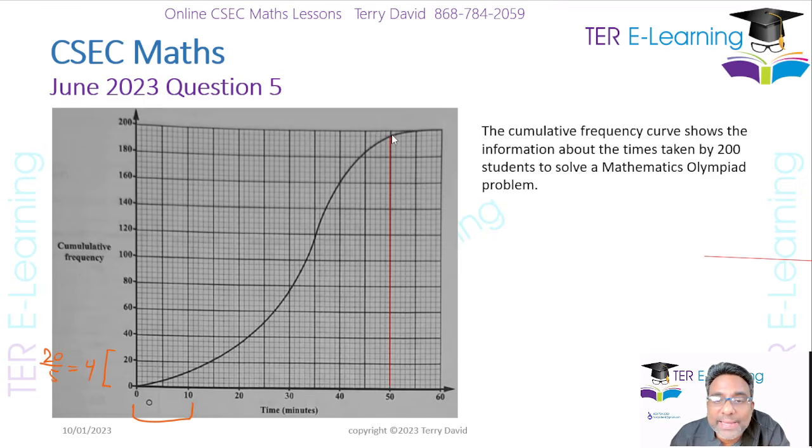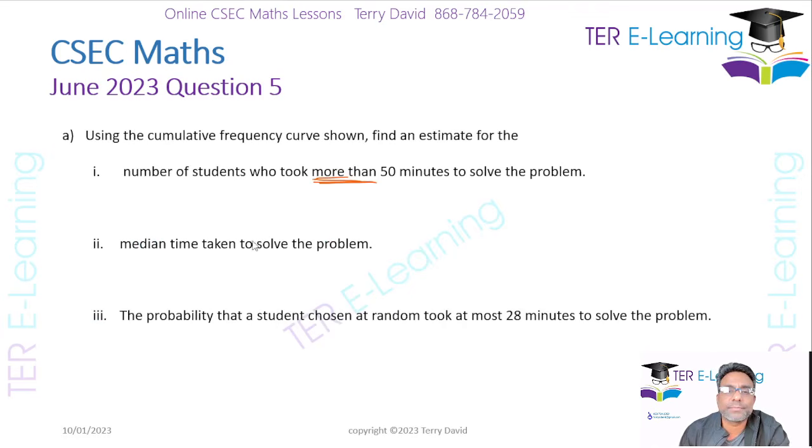The point I'm reading off on the graph looks like it corresponds to about 196. That is the number of students who solved it in less than 50 minutes. So you say 200 minus 196, and you get 4 students. Now they say estimate, so it depends on how you read off the graph, and I don't have the best graph here.